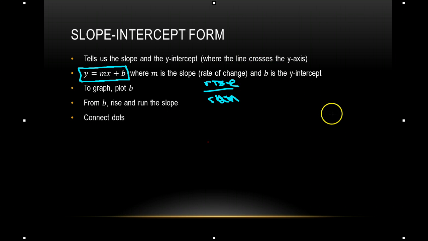So if we're given an equation like y equals negative 1/5 x plus 3, it's pretty easy to graph something like this, identifying the different parts in your equation because we are in this slope-intercept form, which has y all by itself. The slope in this is negative 1/5, and our y-intercept is 3.